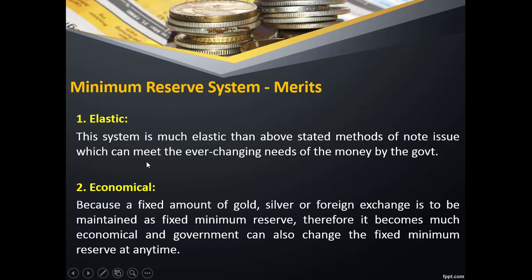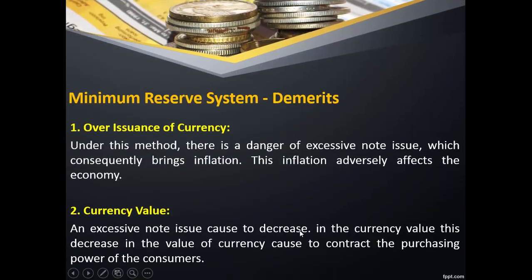It means the government can print money whenever it needs it. It is economical because only a fixed minimum amount of gold, silver, or foreign exchange has to be maintained as reserve. Therefore it becomes much more economical, and the government can also change the fixed minimum reserve at any time.